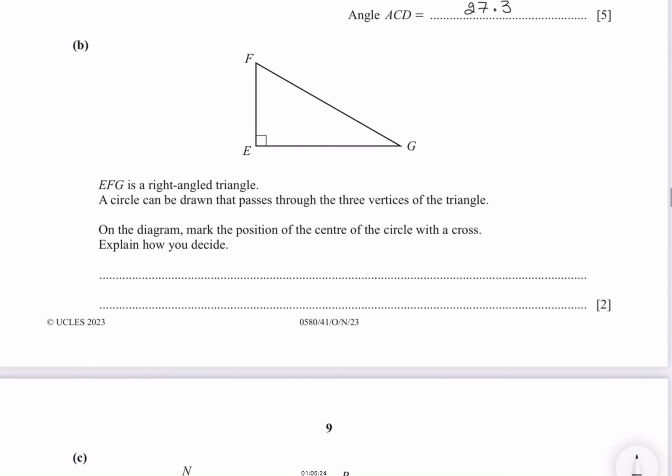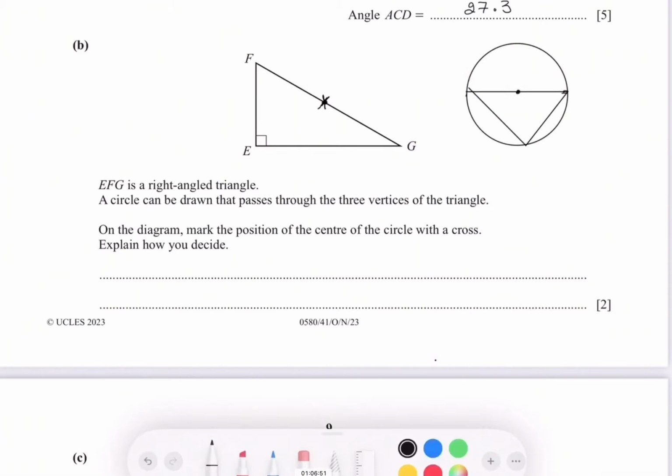Because if you remember, you know that in the diameter of a circle, in a semicircle, if you make a triangle, it always makes 90 degree on the circumference. So here you mark the point, and whatever I told you, let me recall you this.